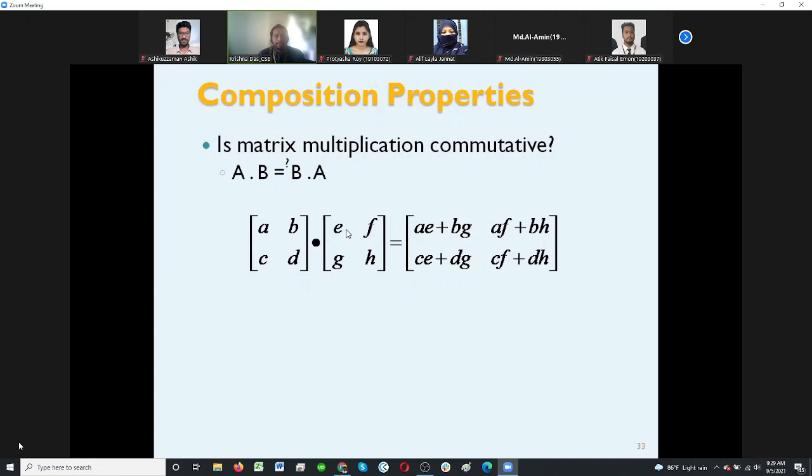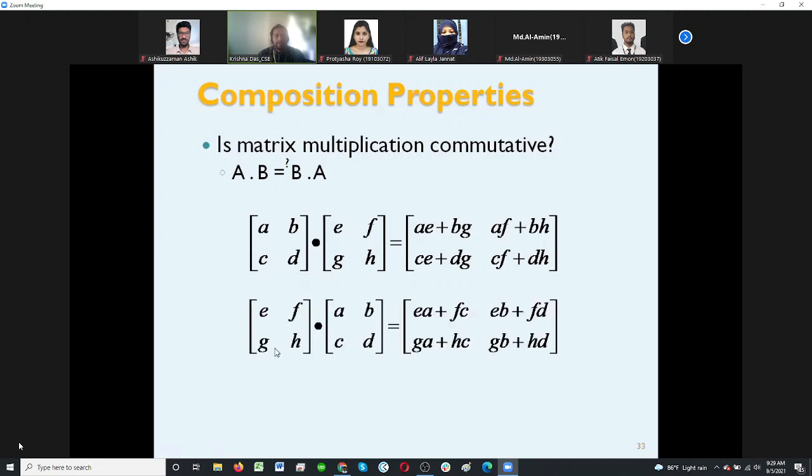Now BA, if we do that, then we get EA plus FC, and here we get a different B plus FG. You see the components are getting changed. Okay, so they are not commutative. So matrix multiplication is not commutative.